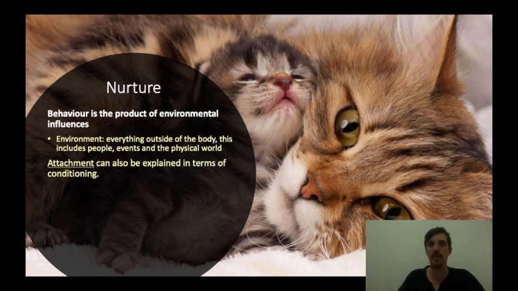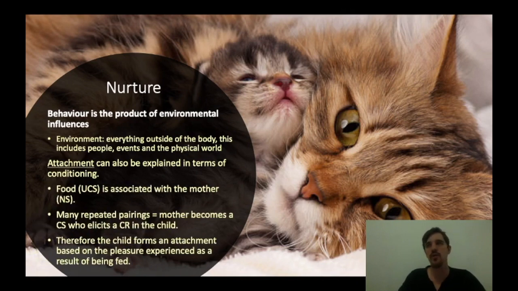So Bowlby might be right about something, but there are some other ways that you can answer this same question. You could argue that food is an association with the mother.